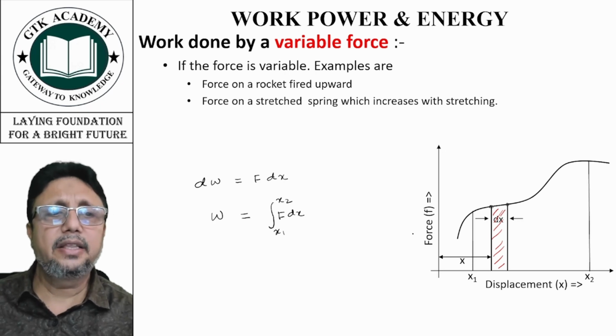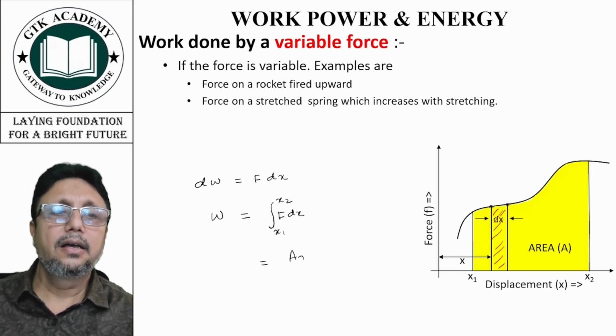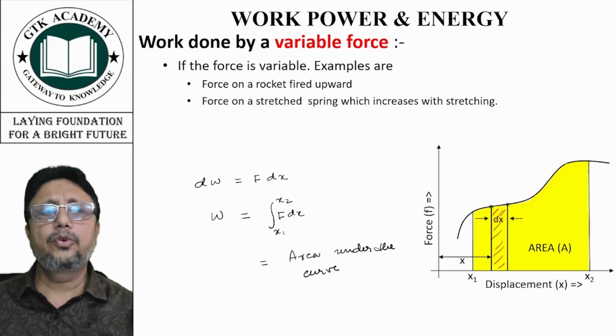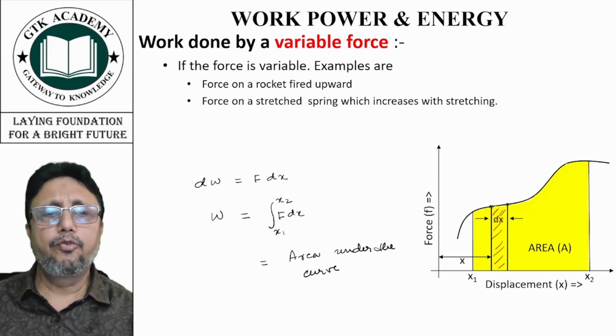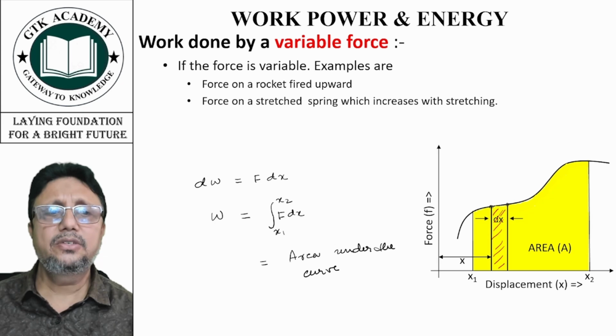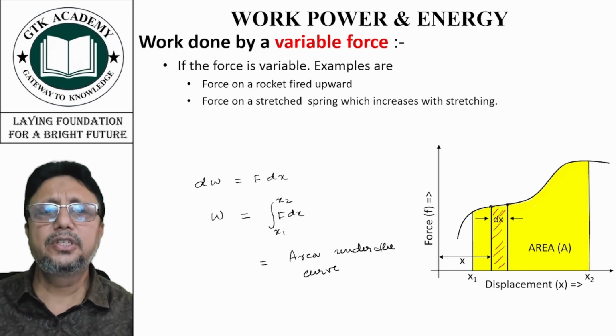So this will be nothing but this whole area A. So this is the area under the curve. If you draw a graph between force and displacement, then the area under the curve represents the work done. I hope this is clear.